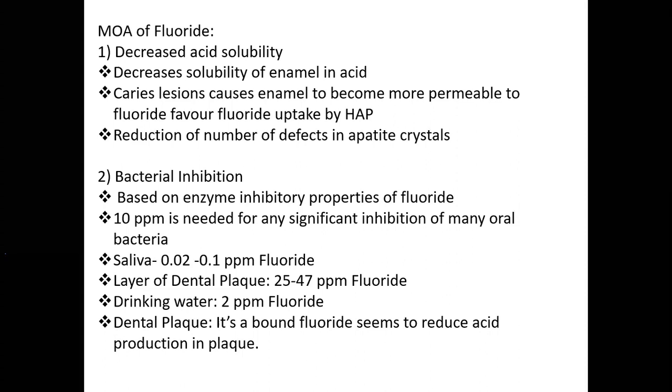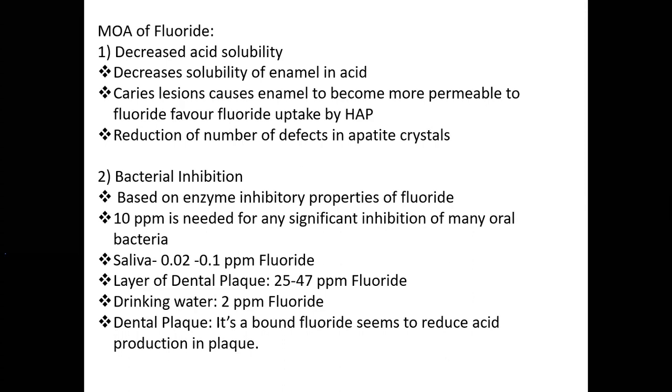The bacteria present in the mouth get generated if you take carbohydrates or sugars. Due to that, certain bacteria form, and together with the carbohydrate they form certain acids, like lactic acid. So fluoride helps not to dissolve or solubilize the surface of enamel in the acid.